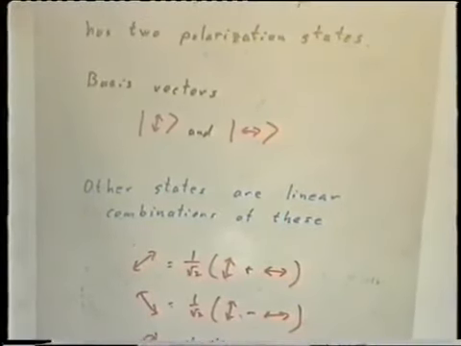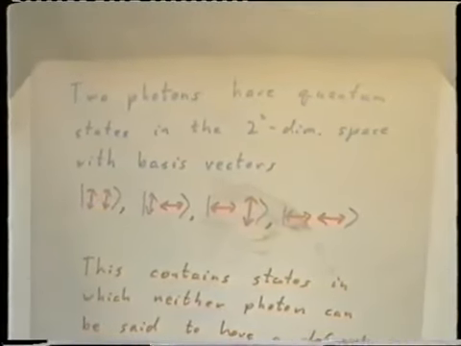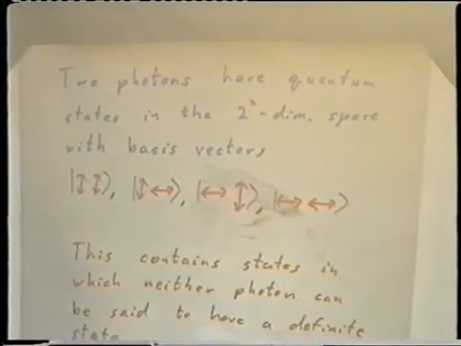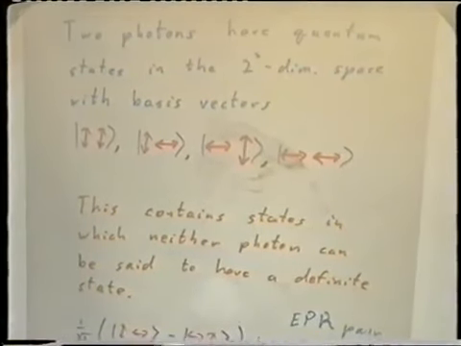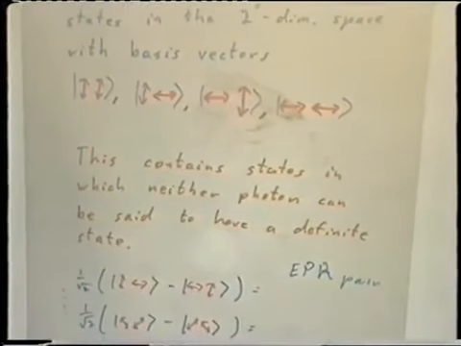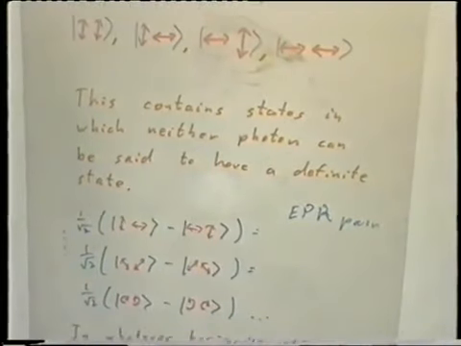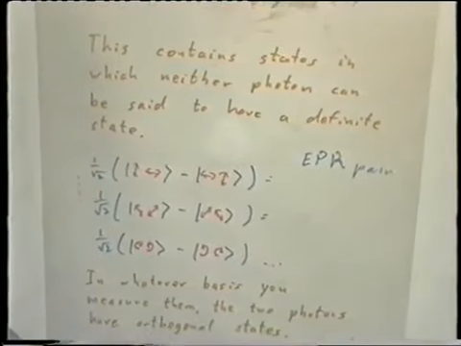If you have a joint state space of two systems, the state space becomes a tensor product of the state spaces of these two systems. So, for example, if you have two polarized photons, you get a 2 times 2 dimensional space, and this contains states in which neither photon can be said to have a definite polarization by itself.